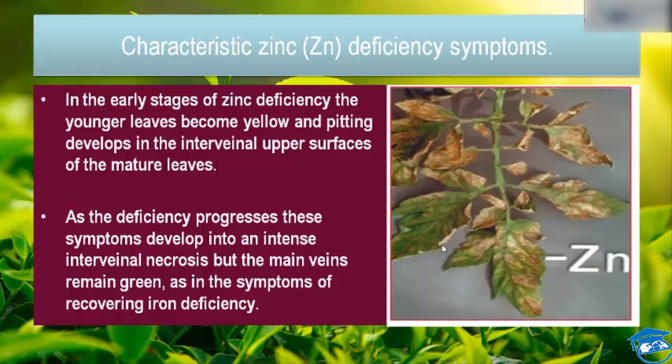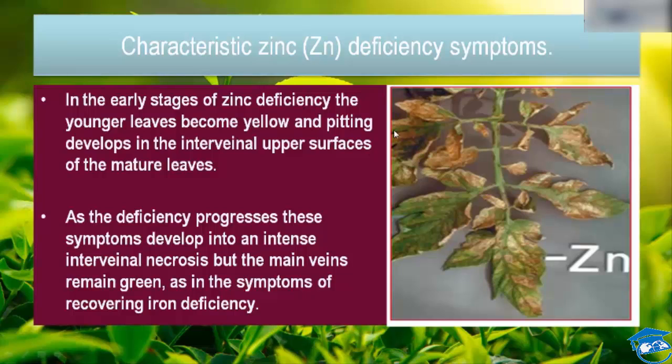Okay, pitting means a small hole develops on the intervenal upper surface of the mature leaf. So this is the diagram which is showing the deficiency of zinc, where pitting has appeared. See, this hole is pitting. Okay, so pitting develops in the intervenal upper surface of the mature leaf. As the deficiency progresses, necrosis takes place.